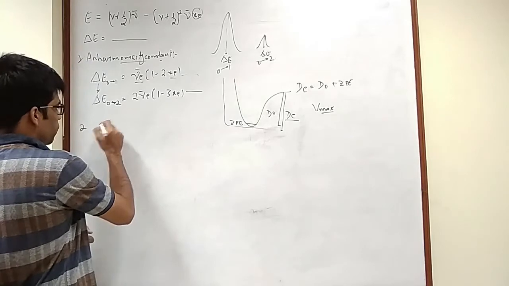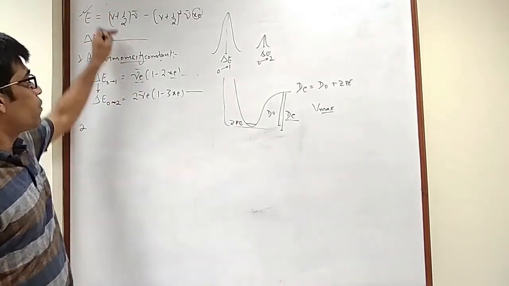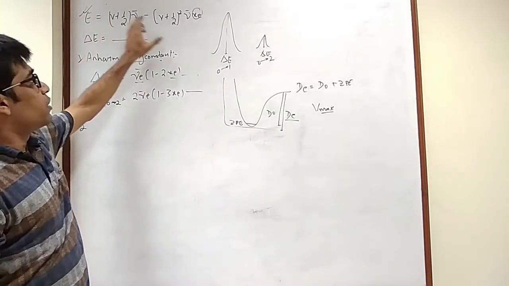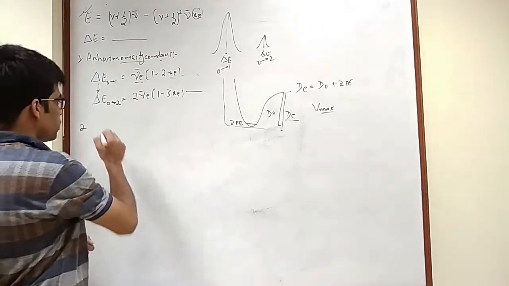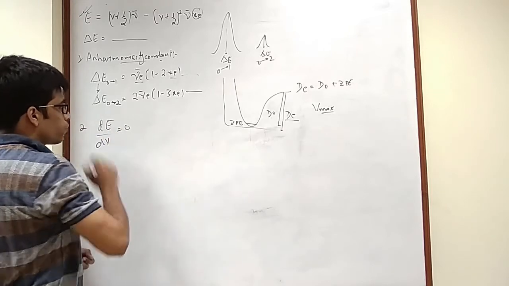So for that, we know if we take the first derivative of this equation in order to get V maximum, it should equate to 0. So that means we want dE by dV to be equal to 0.